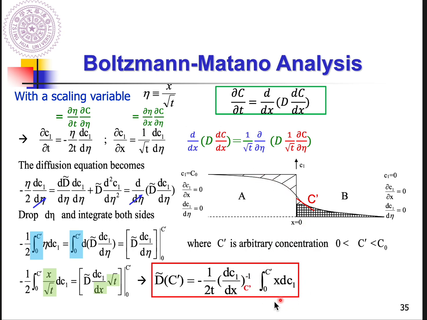And the last part will be, as long as you determine C prime, you need to take the integral. You need to know the total number of diffusing atoms within this region, right? But there's one more missing piece of information, which is where is x, the point at x equals to 0.